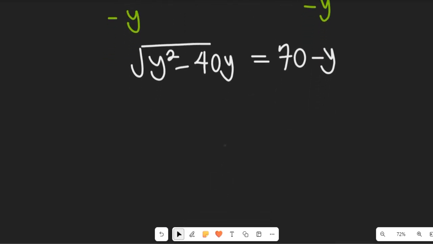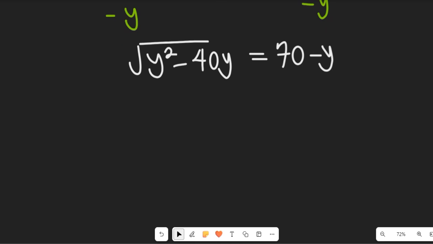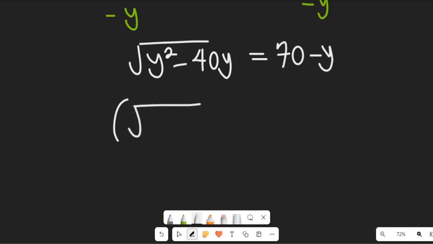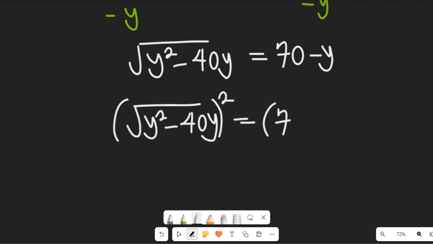Now we are arriving at a point. To clear the square root, we're going to take the square of both sides. If we take the square of both sides, we're going to have the square root of y squared minus 40y all squared, and this will be equal to 70 minus y all squared.